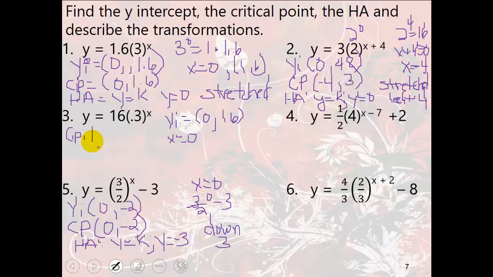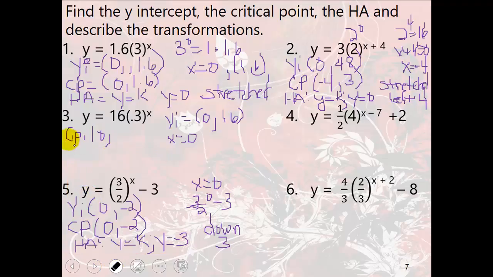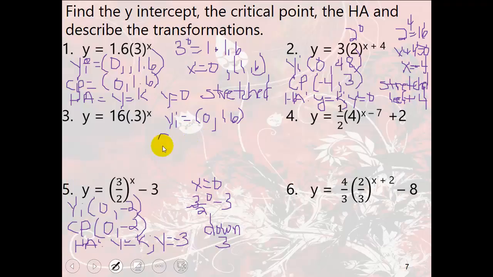So when I plug in a 0, I'm going to get out 16 again. So this one is the same. Critical point is 0, 16. My horizontal asymptote is the line y equals k. So that's y equals 0, and this one is stretched.